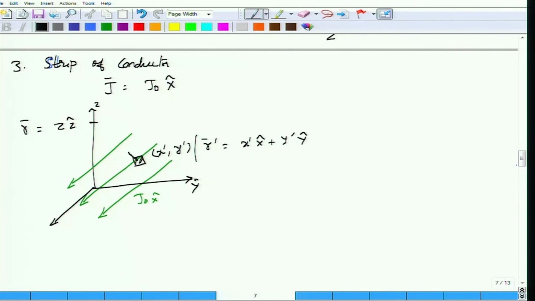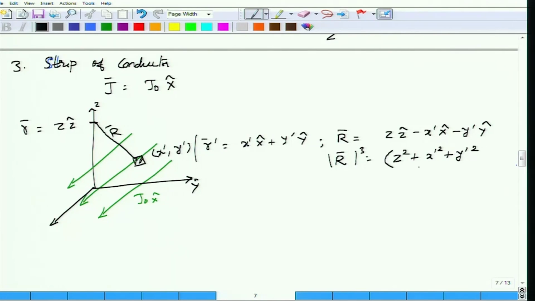And from there you look at the vector that joins the source and the field points. That vector r will be given as z z hat minus x prime x hat minus y prime y hat, right. And the magnitude of the vector to the cube, which is what you would want, is given by z square plus x prime square plus y prime square to the power 3 by 2.